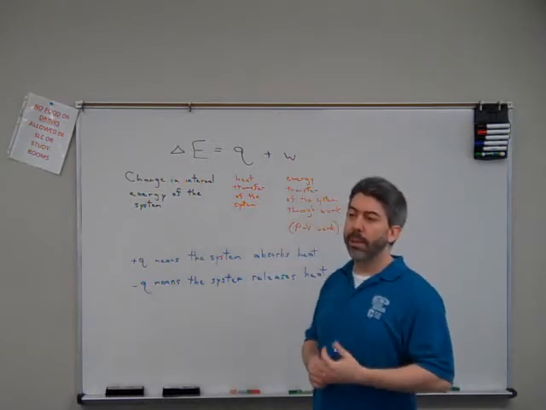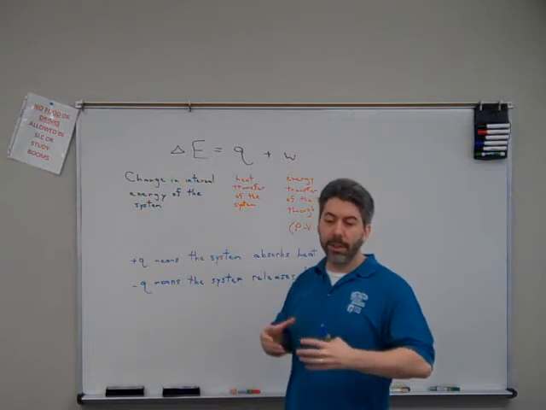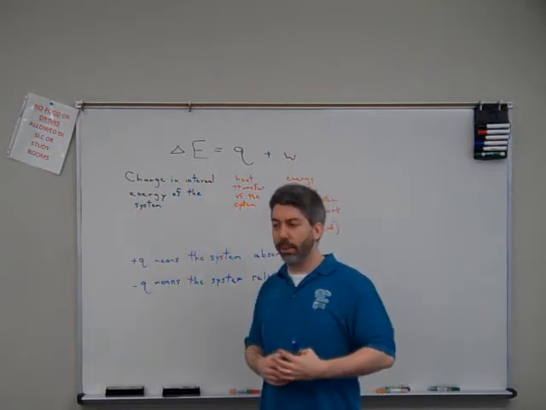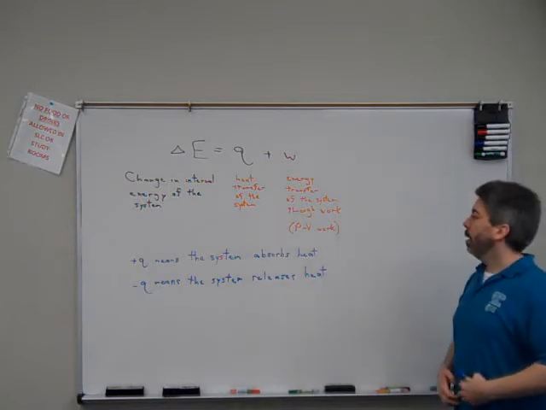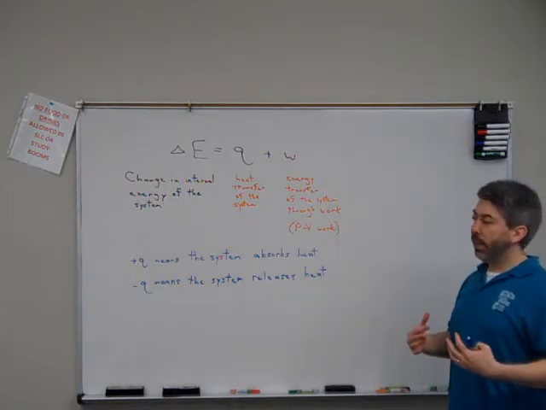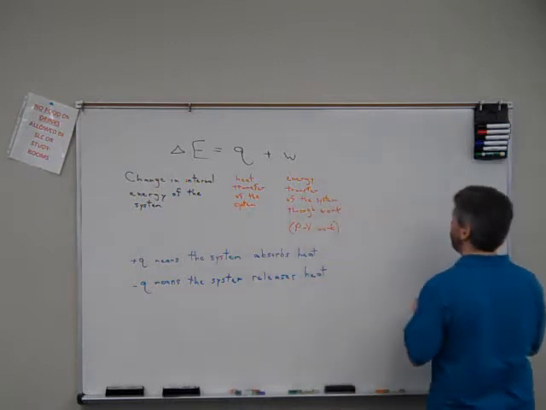Or at least a system where I can easily measure what is going into and out of the system, especially in terms of heat. So you can think of it this way, the universe is divided.